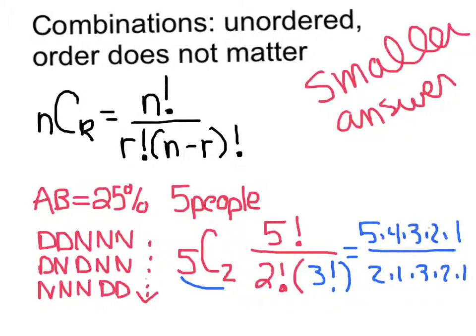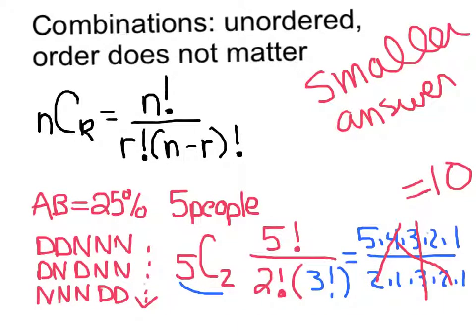And so what happens is you can cancel the 2 2s with the 4 and the 3 with the 3, and you end up with 10, which I couldn't actually fit in, but if I'd taken this list and written it all out nicely, which you might want to try, then there's 10 different ways you can have 2 people with the type AB blood and 3 people without the type AB blood.